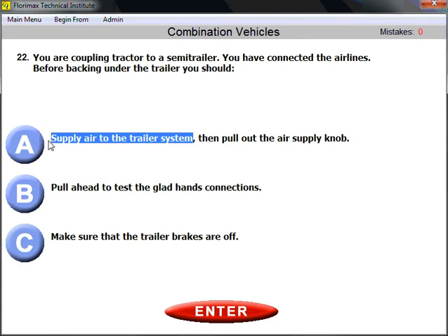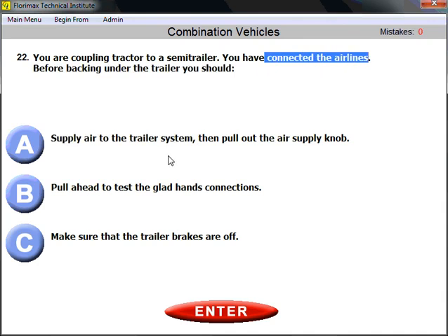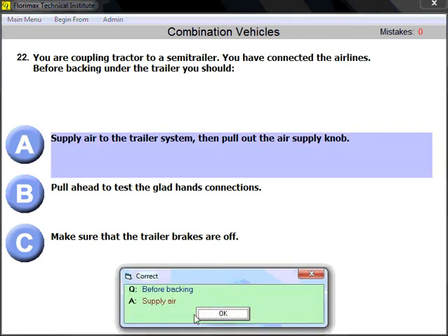But again, the right answer is the same. You supply air to the trailer system because you connected the air lines. Why did you do it? To supply air and then pull out the air supply knob. But most importantly, you connected the air lines, you supply air to the trailer system. Supply air before backing.